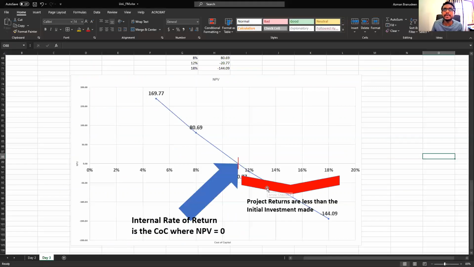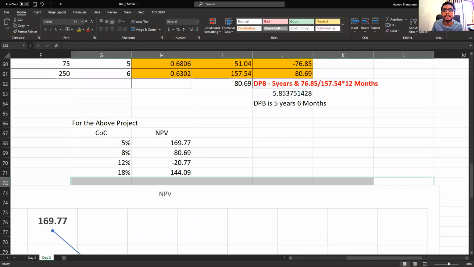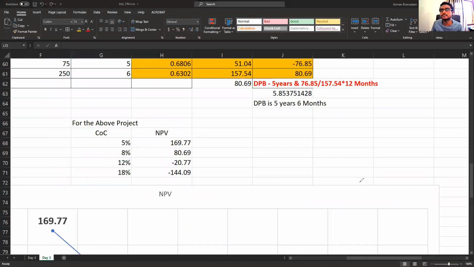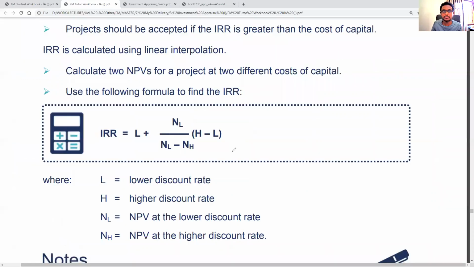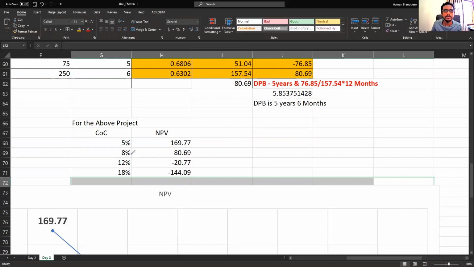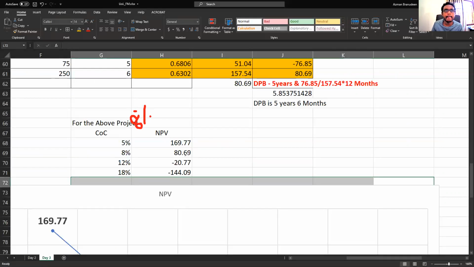So technically, based on this information that I have calculated here, if I try to substitute the values, I'll go with 8% and 12%. So L would be the 8%. 8%, 80, 12% minus 20.